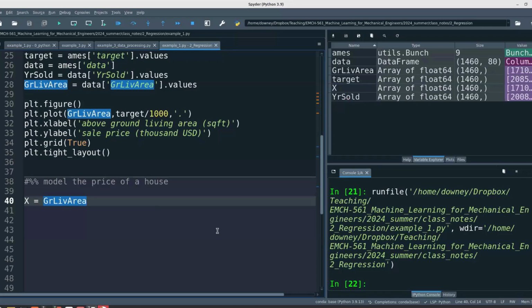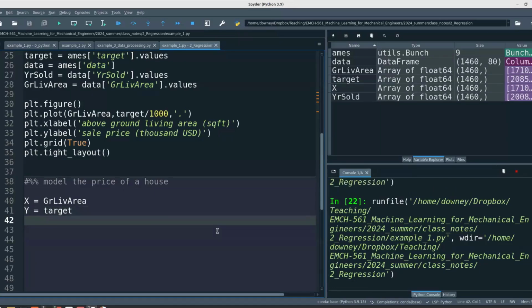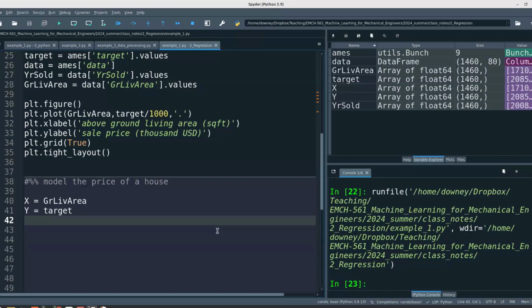And that's just going to redefine all of my data as X. I just do that because in machine learning, that's very much the common way of doing that. Capital Y is equal to target, right? And now I have my machine learning data set, X and Y.